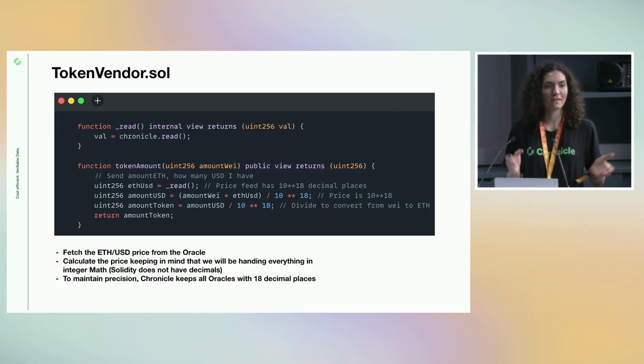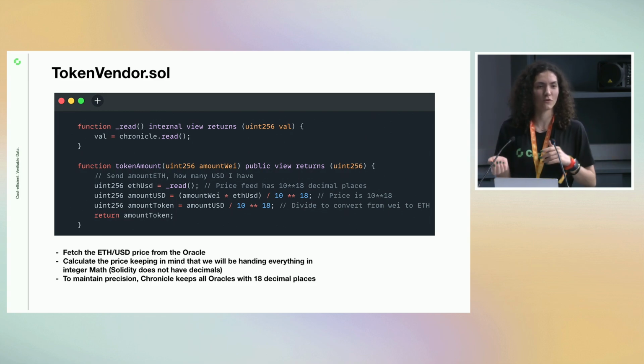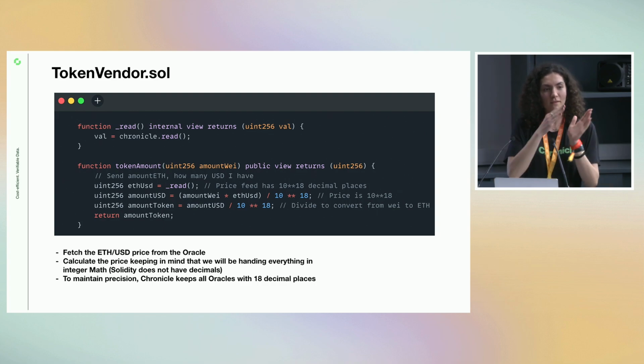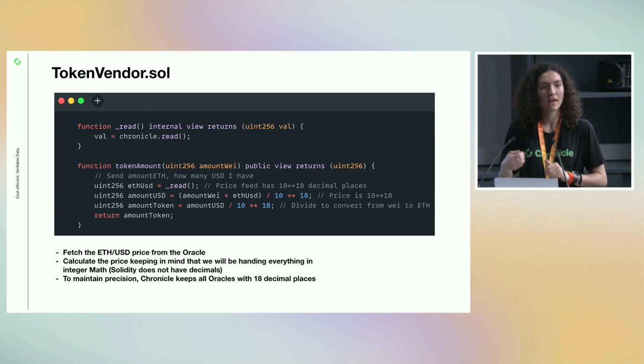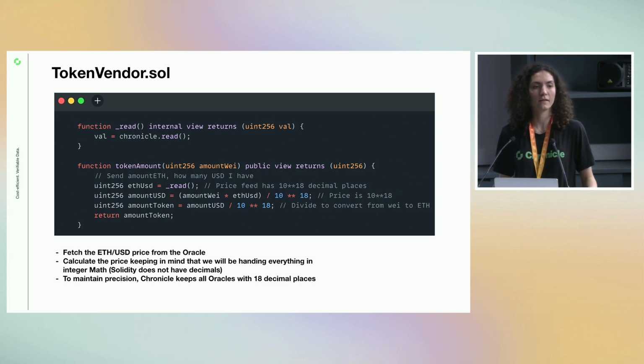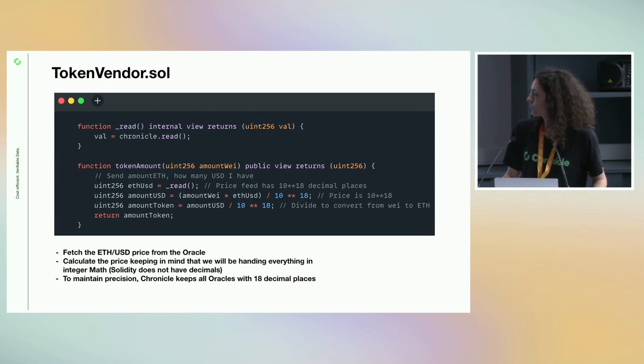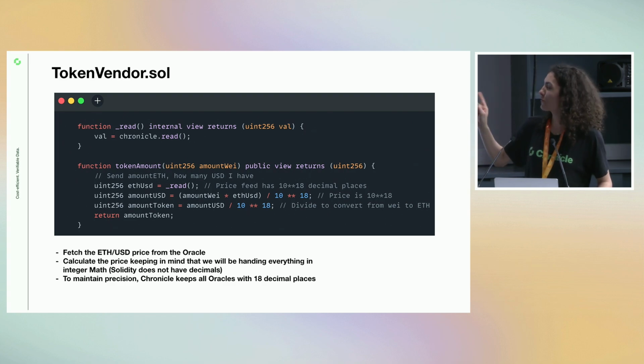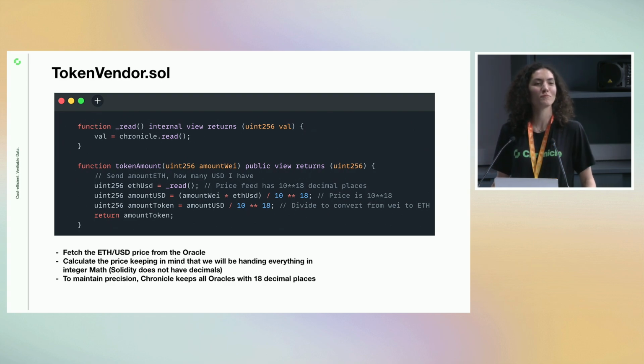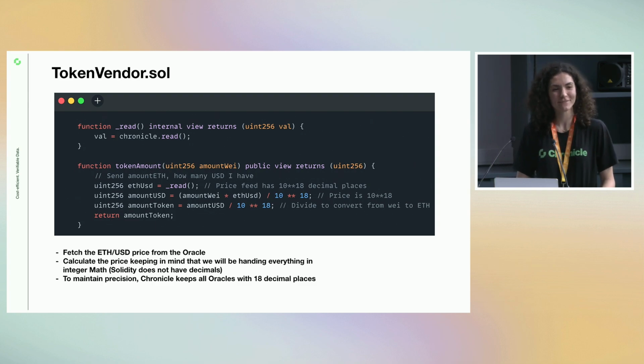So usually in real life math, it doesn't really matter if you're doing multiplication or division, but here, in order to maintain the precision of the decimals, it actually has an influence. It's 10 to the power of 18, yeah, no worries.